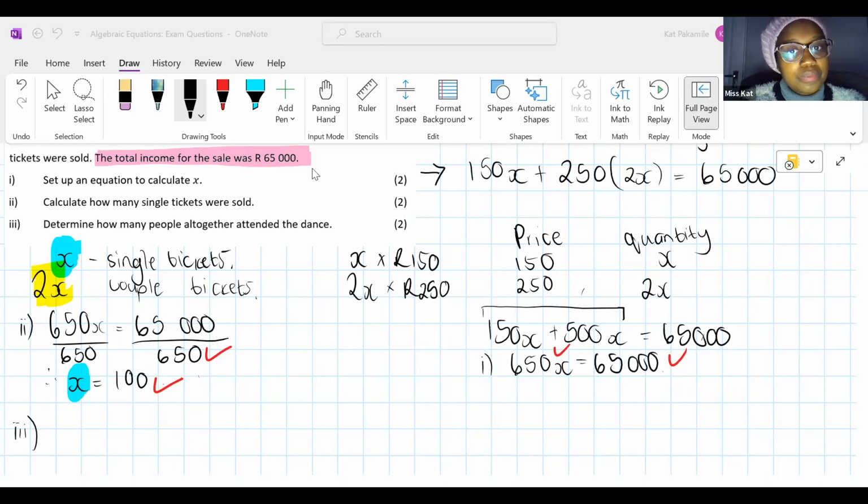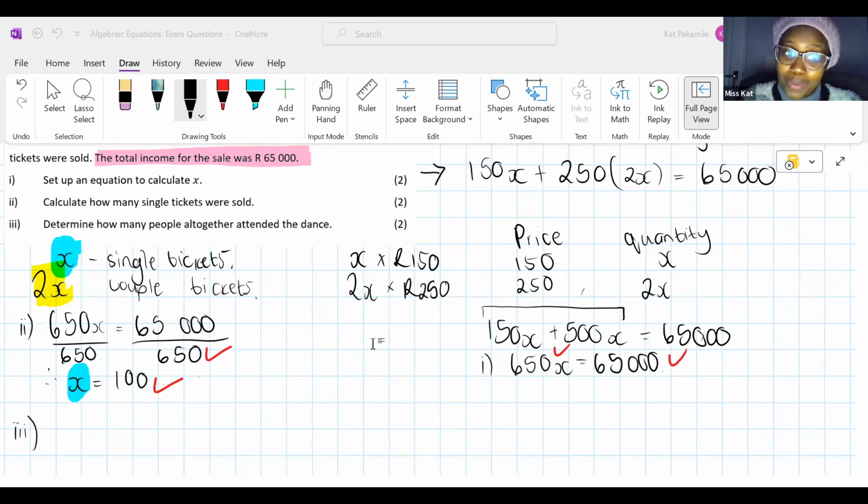Ma'am, is the trick that since 100 single tickets were sold and 200 couple tickets were sold, does that mean that we have to add them together to get the 300? Before you add them, Novuya, what does couple mean? 2 people.